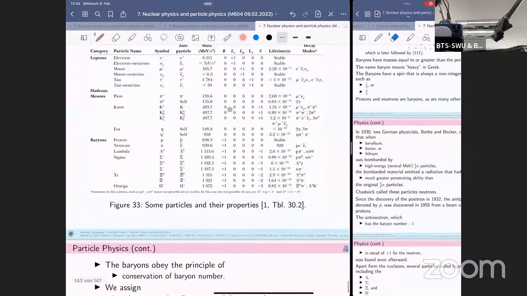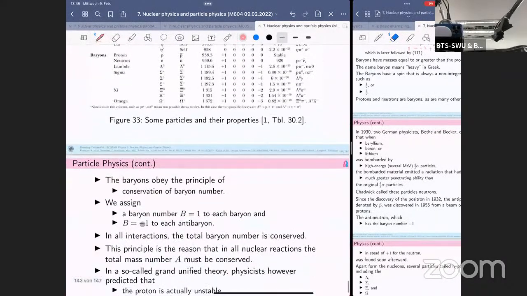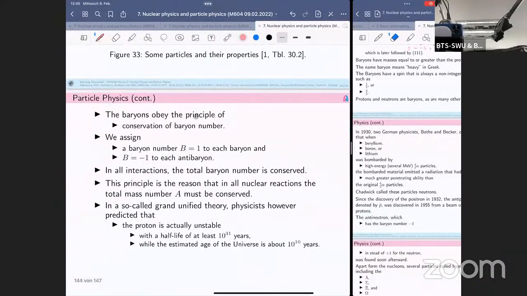Okay, and yeah, those are all everything about the particle. Okay, baryon obey the principle of baryon number conservation. We assign baryon number B equal to 1 to each baryon, and their antiparticles or anti-baryon will possess B equal to -1.